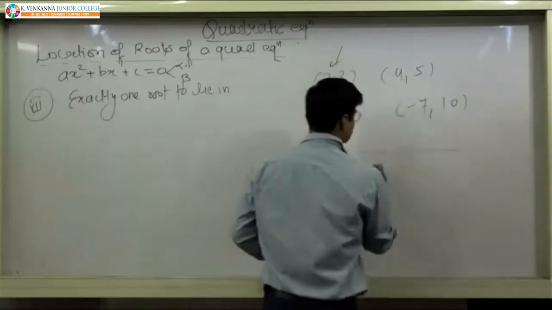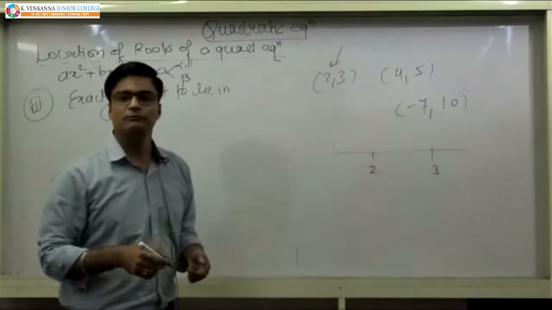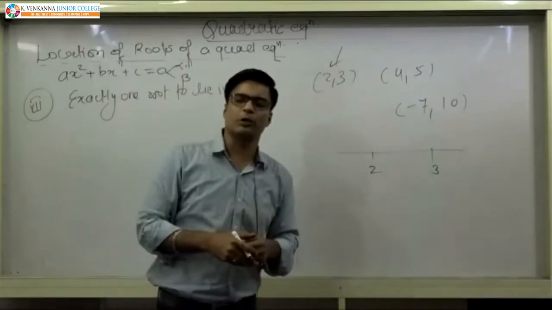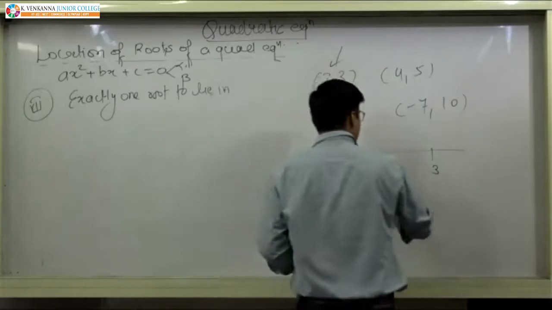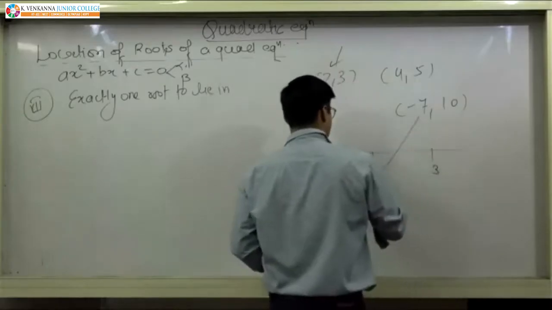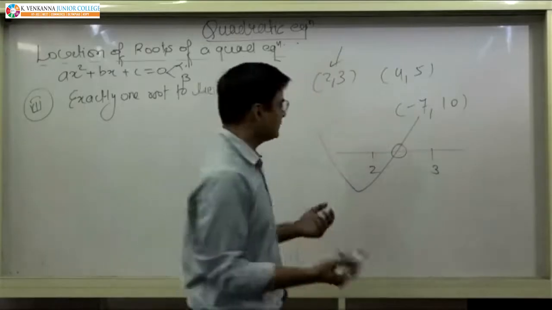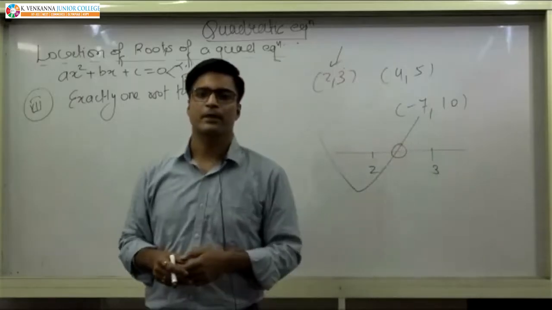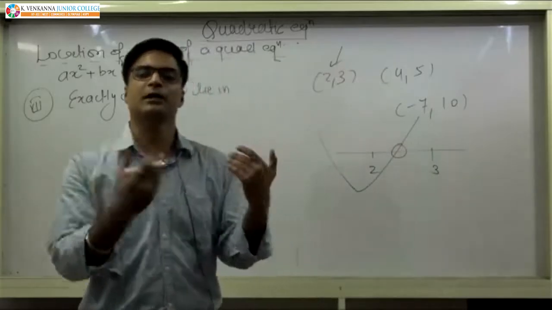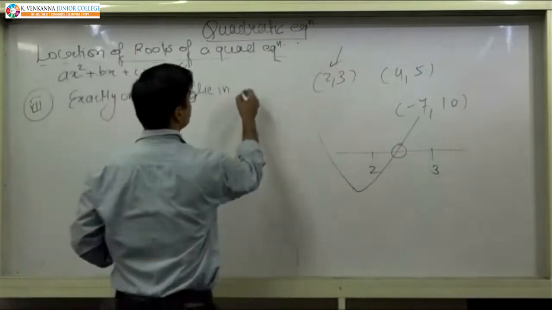Let's say this is your 2 and this is your 3. So let's say it is an upward opening parabola. I'm just taking a case. That means your curve must intersect the x-axis somewhere here. If it is -7 to 10, again the same thing, right? So we need to find the condition for that. So I'm just taking a general case.